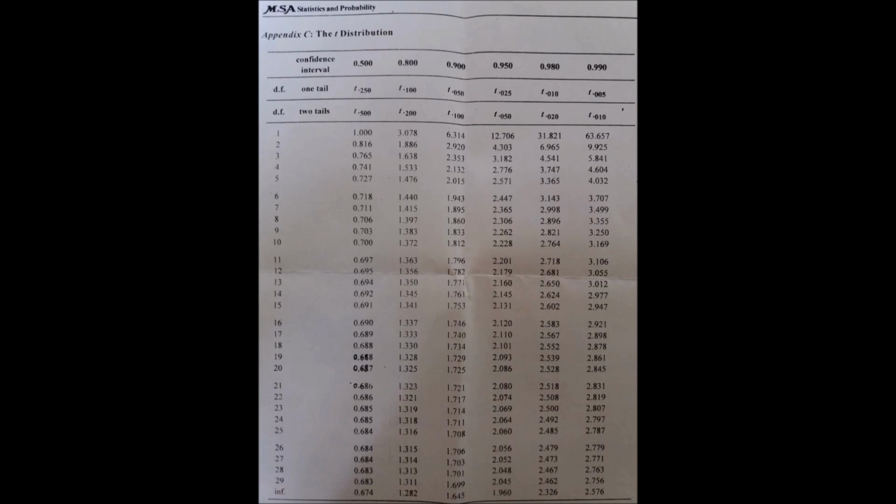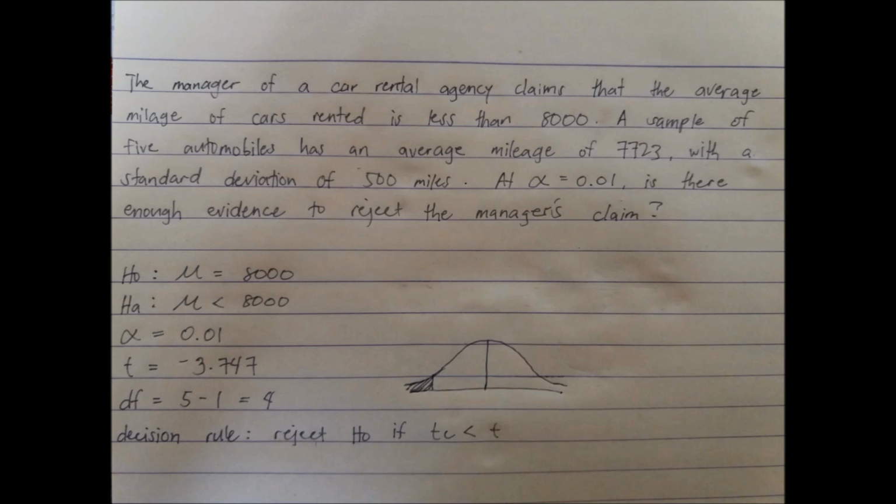To get the t, we refer to our t distribution table. Look for our df, which is 4, and our alpha, which is 0.01. Since we are using a left-tailed test, we refer to the one tail, which gives us negative 3.747. Our decision rule will be to reject H sub 0 if Tc is less than t.